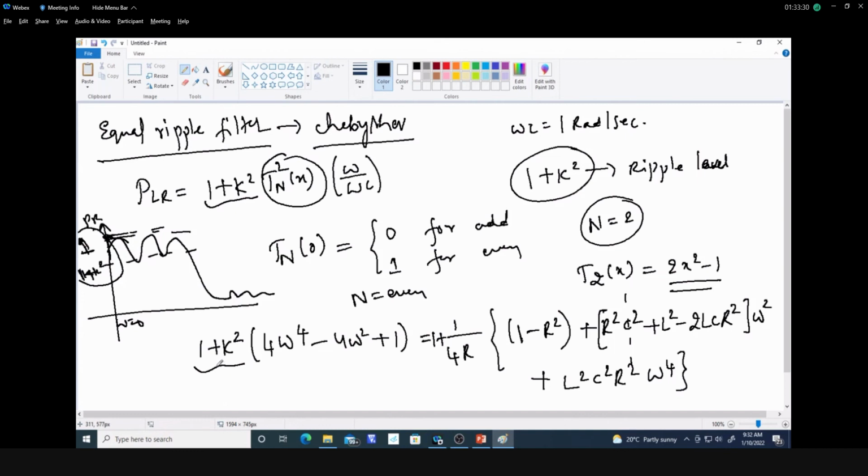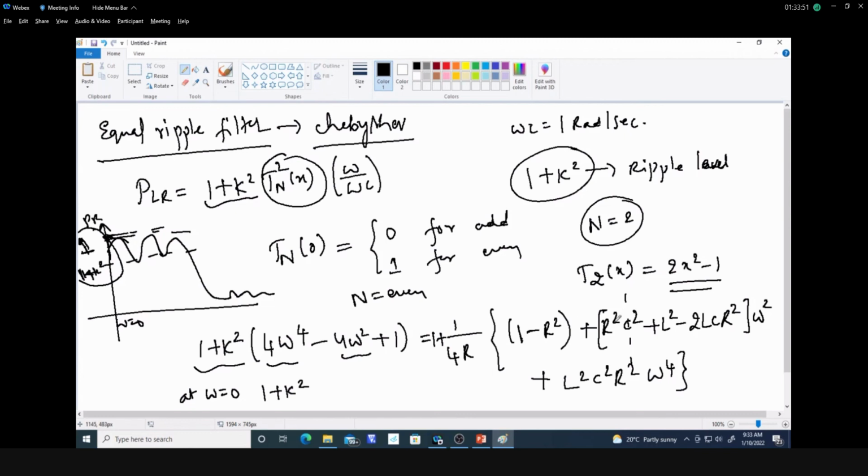Now if you take omega equal to 0, all the omega terms become 0. Then you are going to get 1 plus k square. Let us see how much power loss ratio it will give at omega equal to 0. That is 1 plus k square into 1, as omega is 0 now.